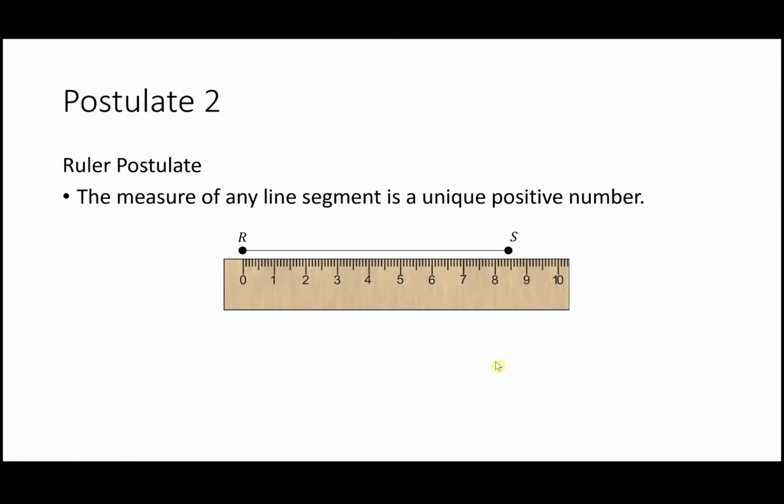So it's not any other measurement. It only has one possible measurement. It could have a different unit, like if we had measured in inches, but that's not saying that we have a different distance. The distance is supposed to be a unique positive number. That's what this postulate is going at.